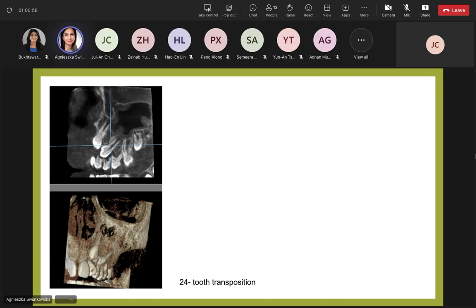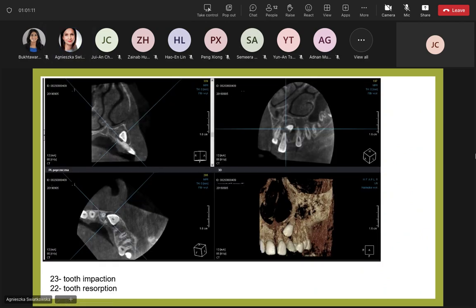And tooth transposition we can estimate like here. So we know exactly where is the root and where is the crown of this tooth. And for impaction, we know where the tooth is impacted, vestibularly or palatally, and we can estimate the presence or absence of the resorption.